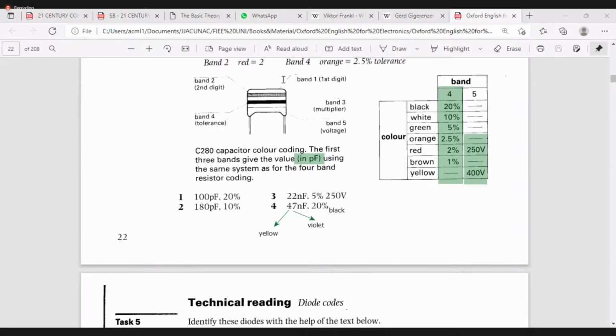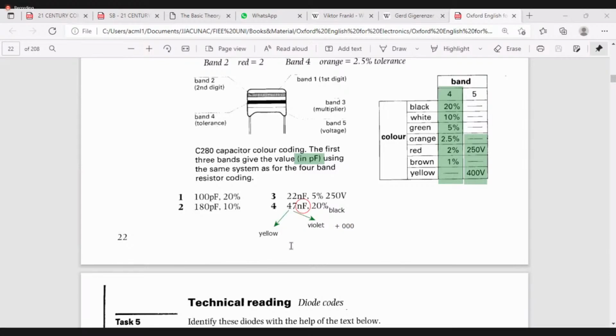But something interesting here is the nanofarad value. By default, when we indicate the color bands, we assume picofarads. To get nanofarads, we have to add 3 zeros.